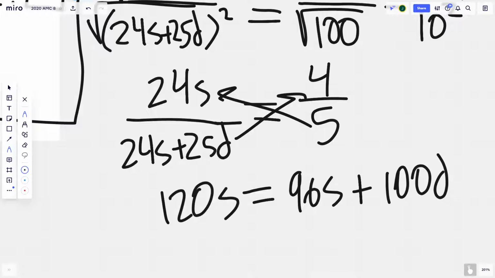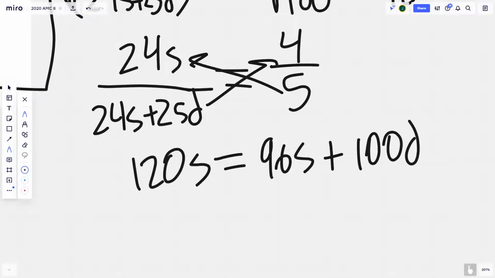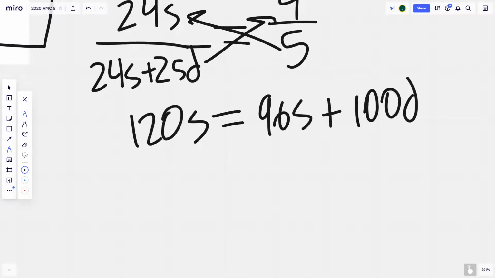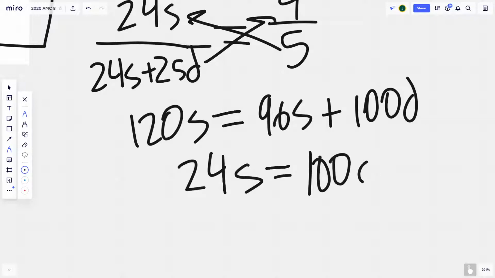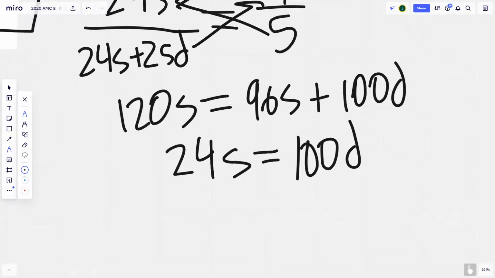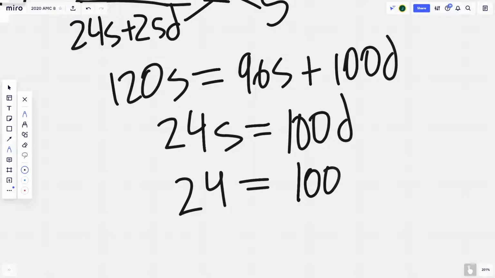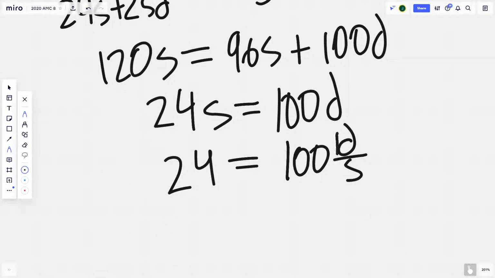Now again, we're solving for d over s, so we have to get d and s on separate sides so we can divide. So we have 120s minus 96s, which is 24s, equal to 100d. Now this is the part that we wanted to get to, because here we can divide both sides by s to get 24 is equal to 100d over s. d over s is exactly what we're looking for.